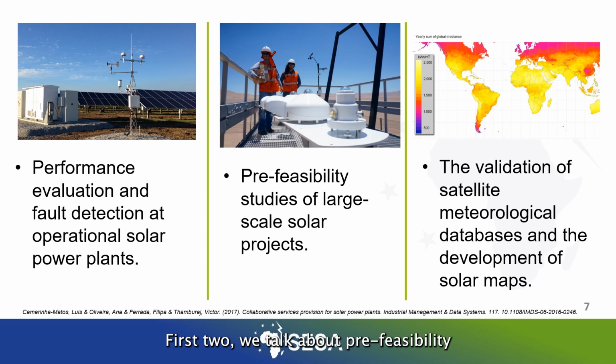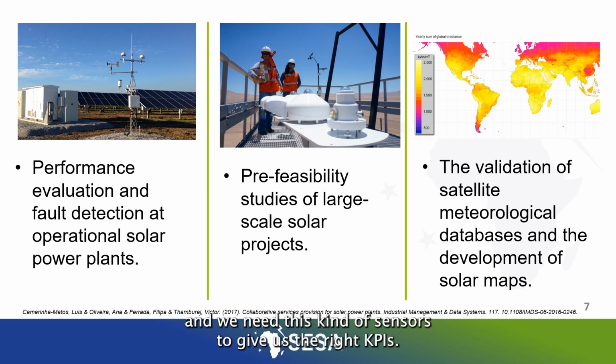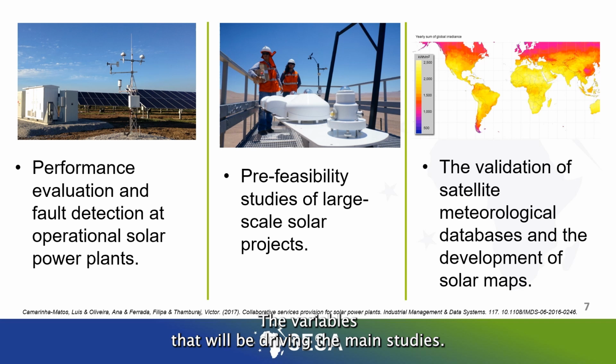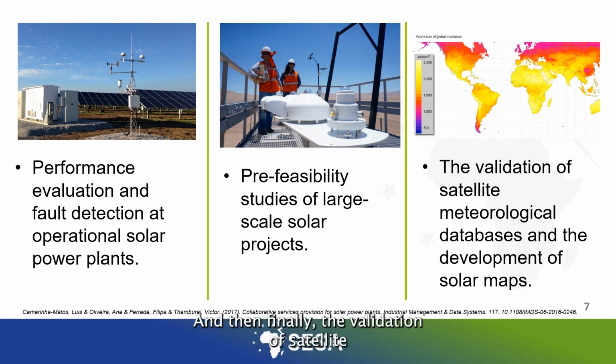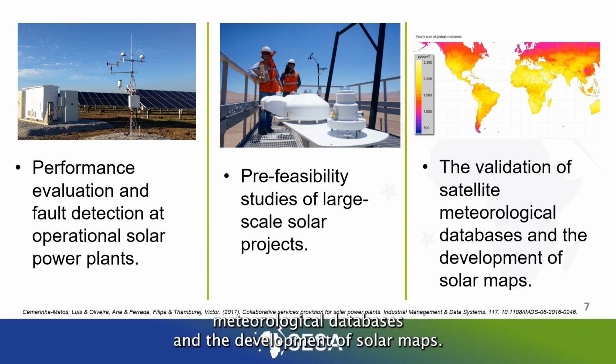Two, we talk about pre-feasibility studies of large-scale solar projects, and we need this kind of sensors to give us the right KPIs, the variables that will be driving the main studies. And then finally, the validation of satellite meteorological databases and the development of solar maps.